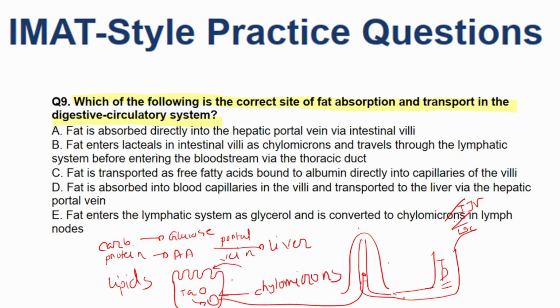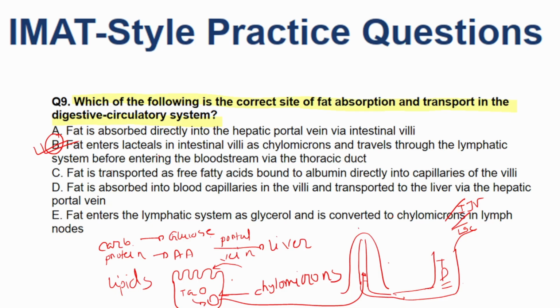This unique anatomical routing means that dietary fats completely bypass the liver and the hepatic portal system during their initial absorption. By tracing this route from intestinal villi to lymphatic vessels and finally into the systemic circulation, we find the description that aligns perfectly with reality in option B.